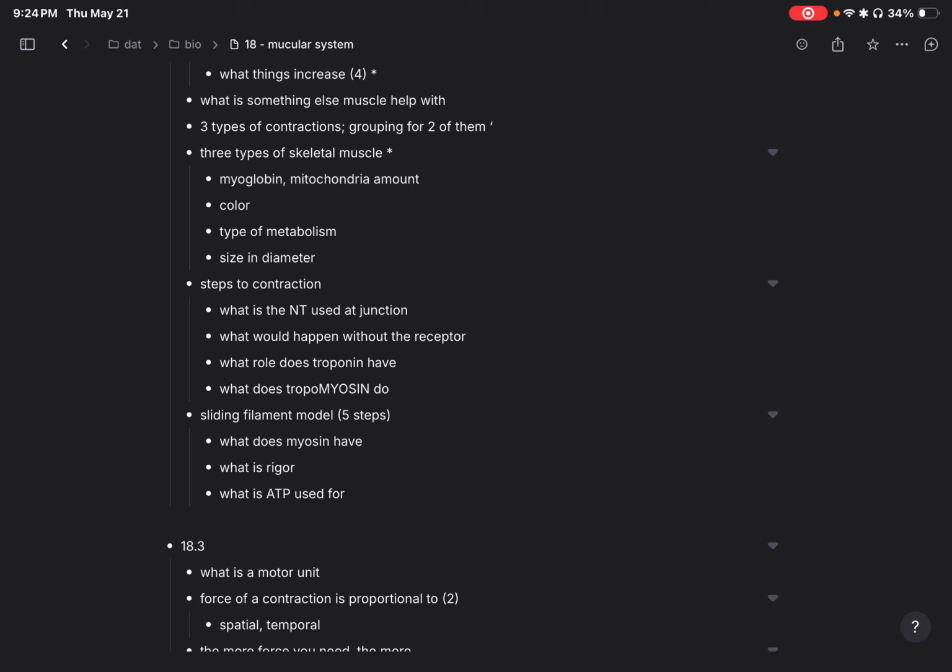Myosin, troponin. Wait, no, I got that backwards. Tropomyosin. Whoa, okay, let me just restart. So we're gonna, acetylcholine is gonna go, I'm trying to visualize this through my brain, so I'm closing my eyes. So motor neuron is going to take acetylcholine, put it to the motor cell, through motor neuron to the end plate. Then the end plate is going to cause the muscle, the endomysium. Okay, it's going to bind to, wait, no, myosine, that's the outside, bro. What am I even talking about? It's going to bind to a sarcolemma. Wait, what's the sarcolemma again? Bro, oh my god.